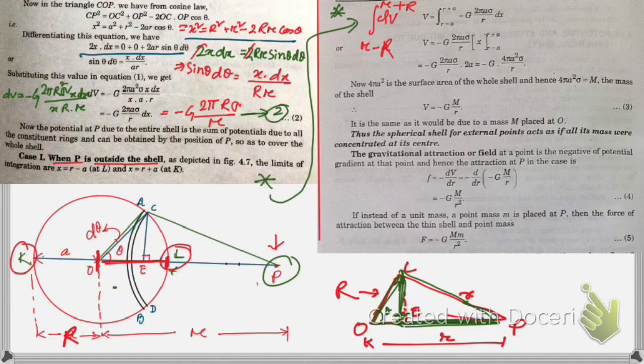So here you see, this distance from the point P is capital R, right?